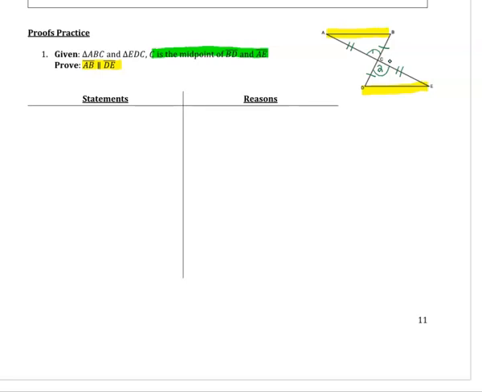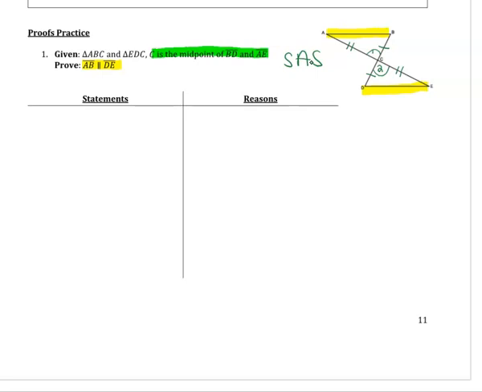So now that I've marked up my picture with everything that's true based on my givens and anything I can just draw from the diagram, which would be the vertical angles, I'm noticing ABC is congruent to DCE by side, angle, side.